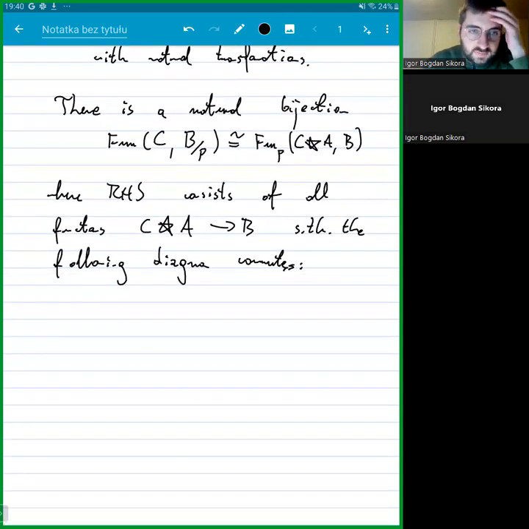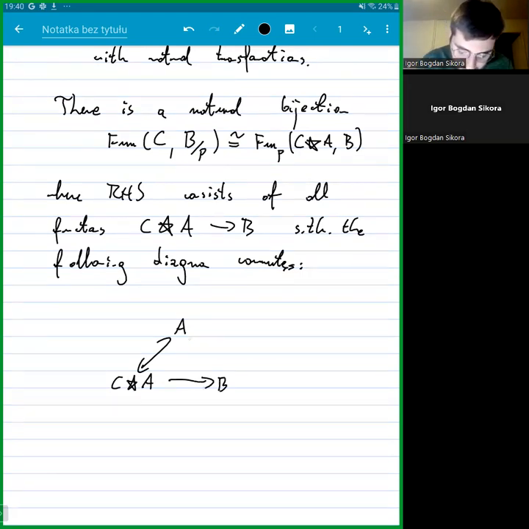We have the inclusion of A into the join of C and A, and then our functor to B, and here the functor P, and this diagram is supposed to commute. I encourage you to analyze this natural bijection because it is a nice exercise to see how the join construction works.